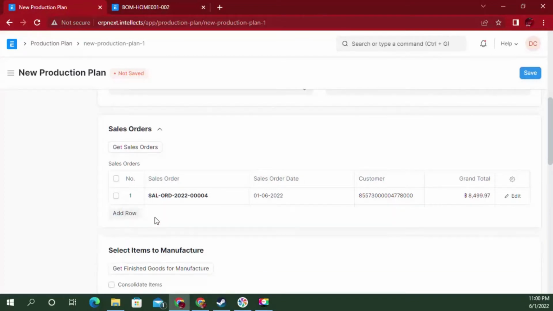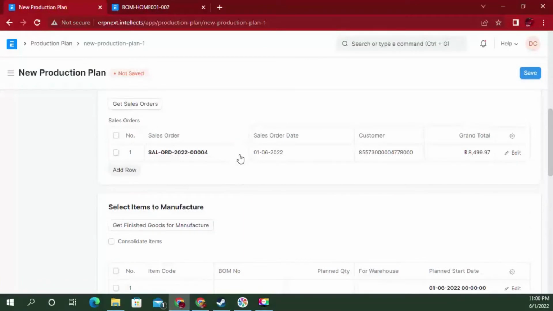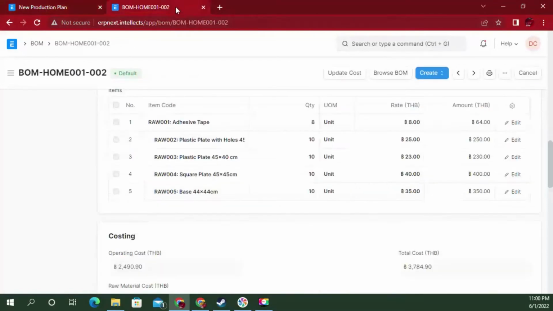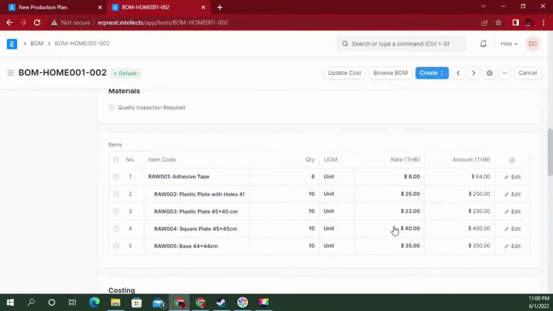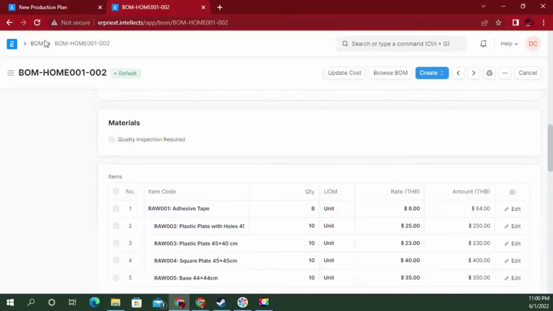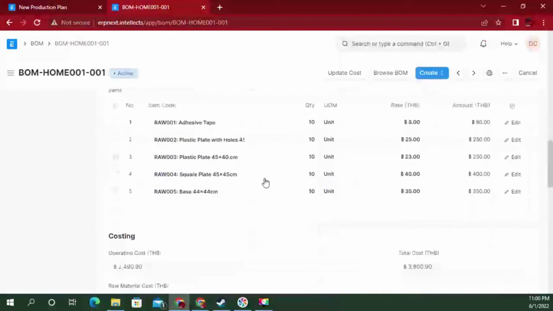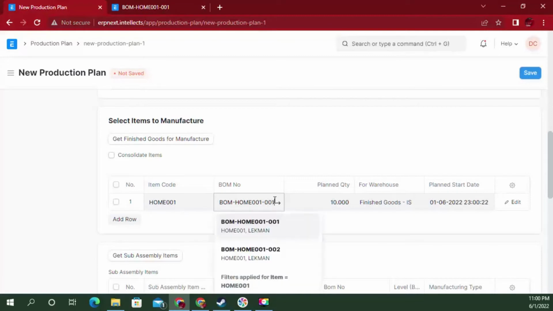But this one is for the purpose of education, so I just do it one by one. You know I have 2 BOMs: one is the new BOM, which uses only 8 units, and then the old BOM, which uses the 10 units. Because we are going to show how to fix it, I use the old one first.